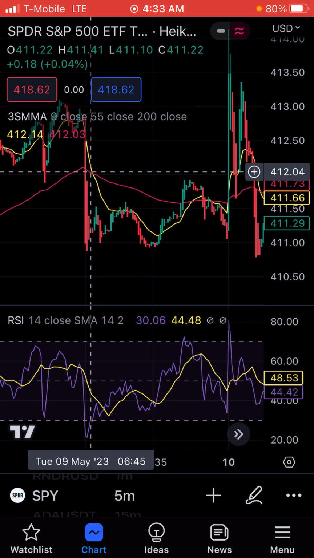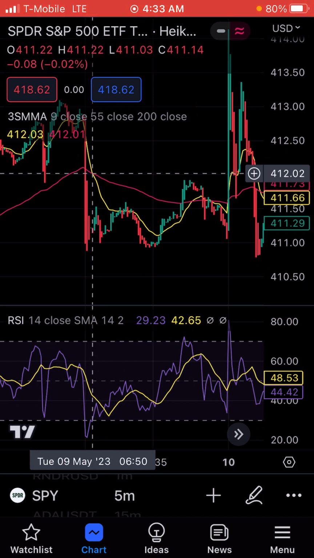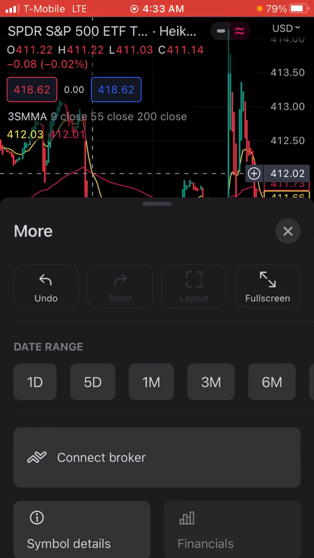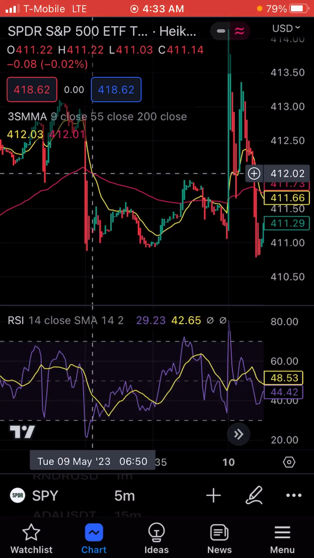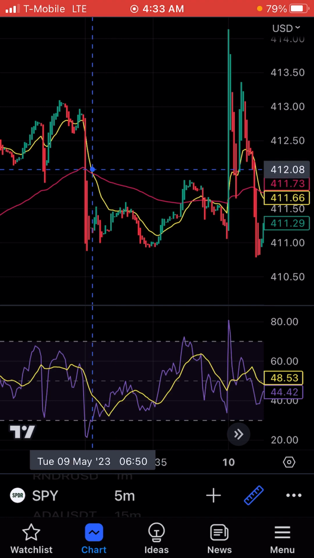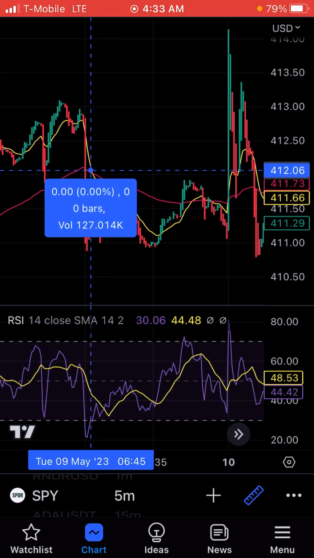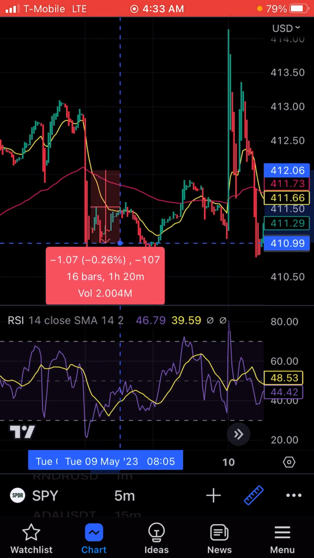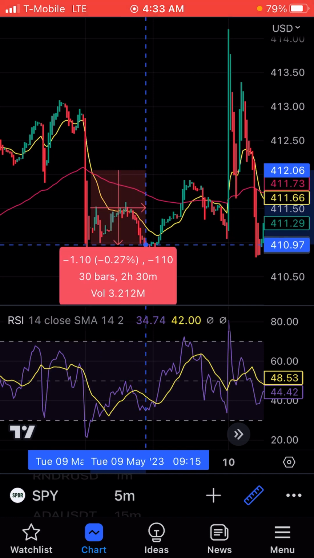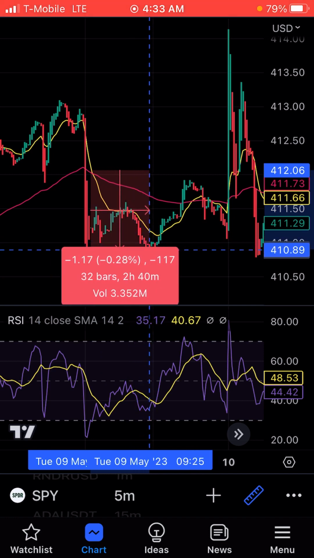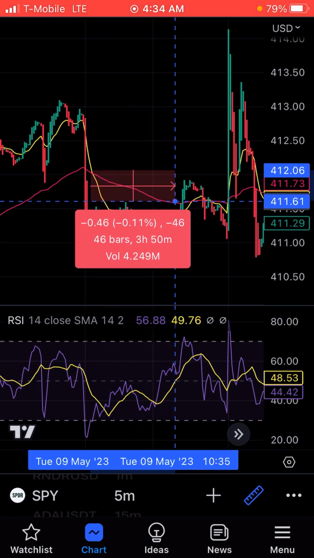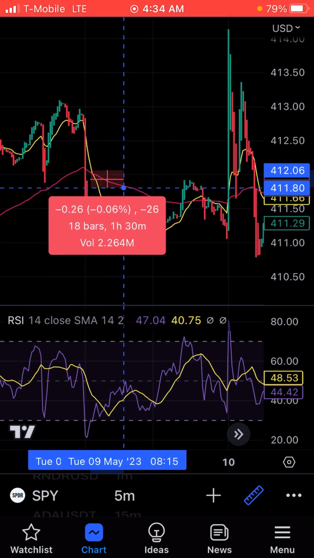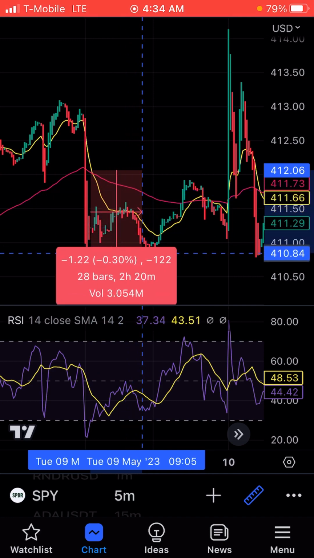Here's an example right here. This would be a 412 put. So if you rode this one out and you look at your RSI, or you can just follow the line, because usually the next time it crosses will be at a different amount from where it crossed for the first time.